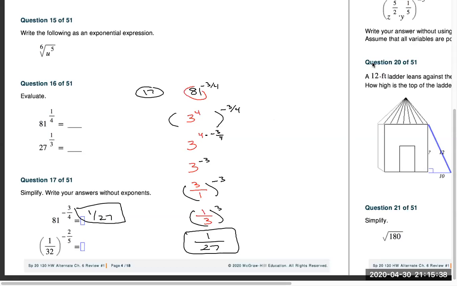For the second part here, we have 1/32 taken to the negative 2/5 power. For this one, you can think about it like this. This is 1/2 to the 5th.